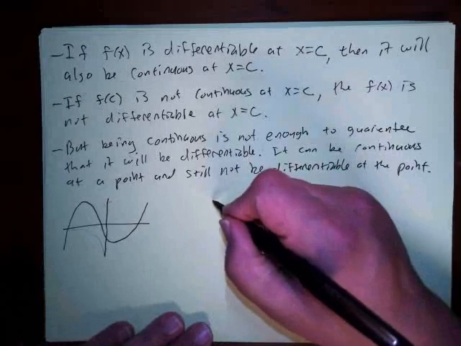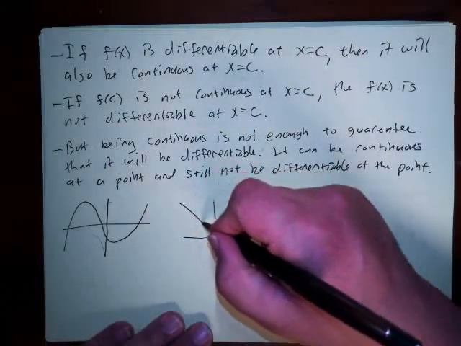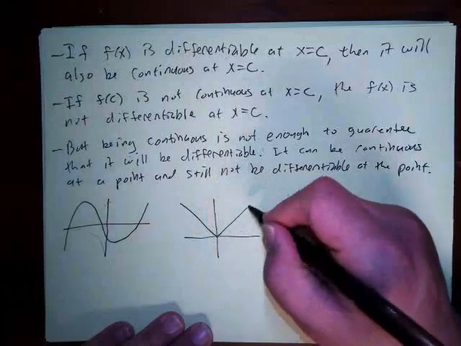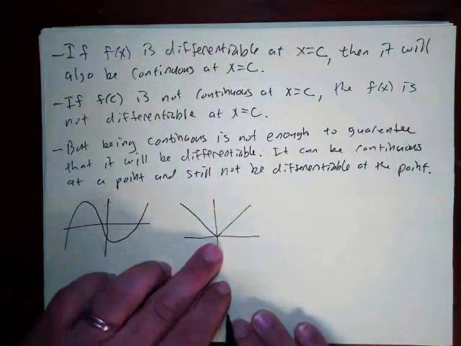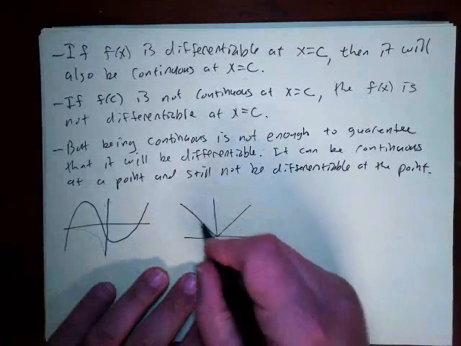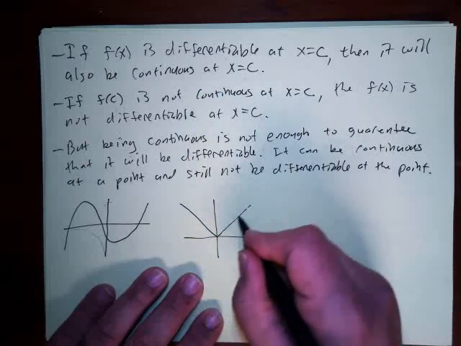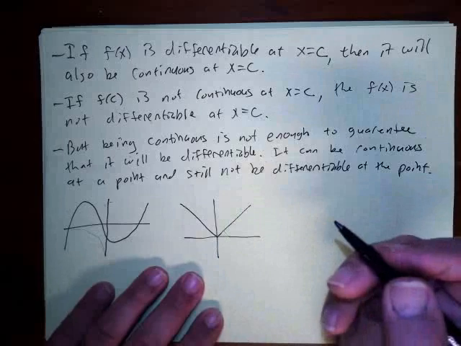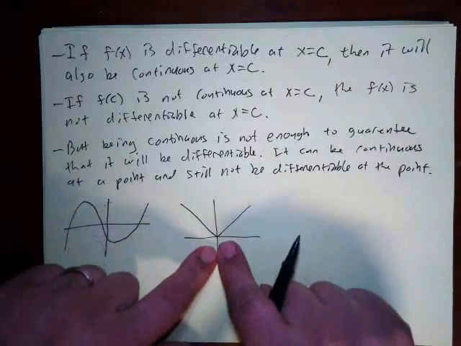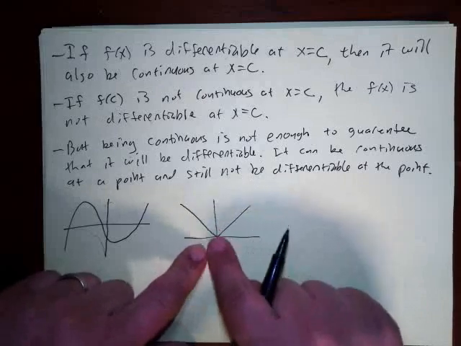But something like the absolute value, where you have a sharp turn, is continuous there. The limit is equal to the value of the function at that point. It's approaching 0, and the value of the function is 0. So it's continuous at 0, but it's not differentiable there. So if you have a sharp turn, it's not differentiable.